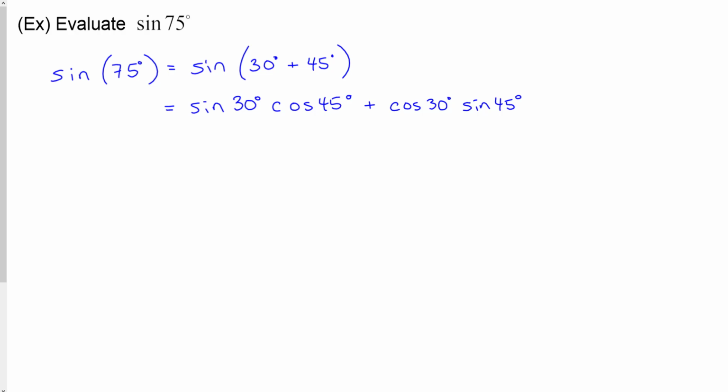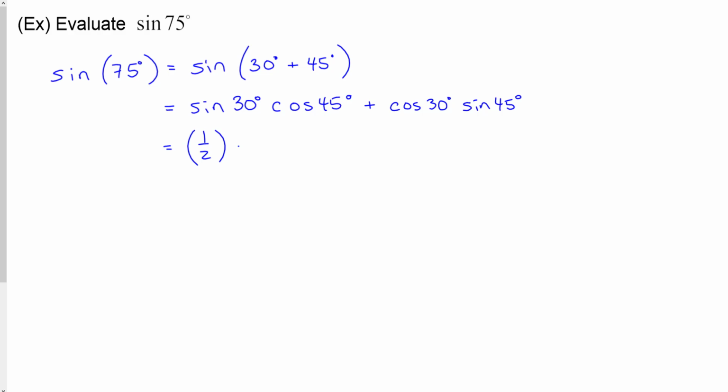Now, all of these values are known. So for instance, you could get your unit circle out if you like, but the angle measures from 0 to 90 degrees, you should get to the point where you know those kind of on top of your head. So the sine of 30 degrees is 1/2.